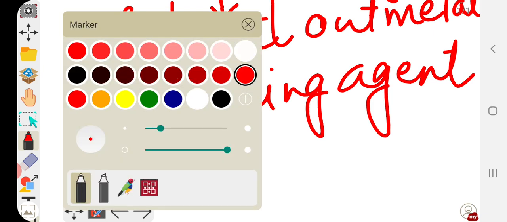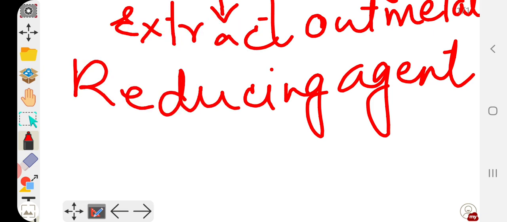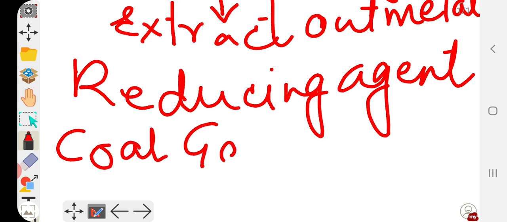Now, the next one is coal gas. As I just mentioned a bit earlier, when we are heating up the coal in the absence of oxygen, the moisture content present in the coal gets evaporated.